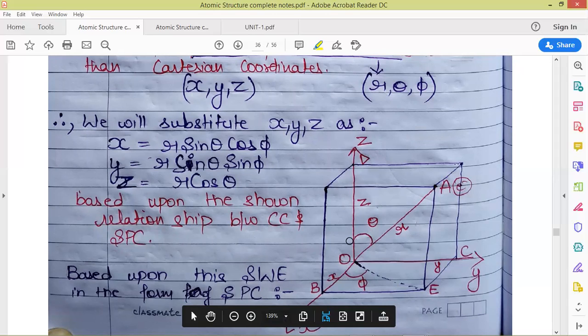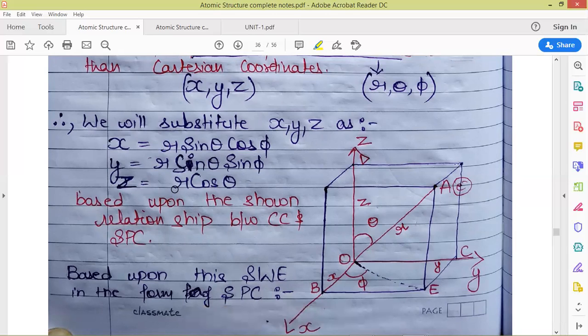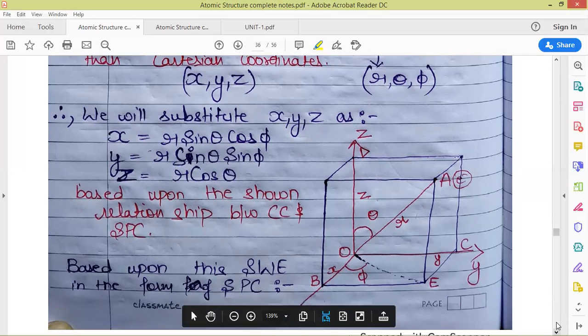Here theta is the angle which the electron is making with the z-axis, and phi is the angle which the projection of the electron is making with the xy plane. Based upon that, x is equal to r sin theta cos phi, y is r sin theta sin phi, and z is r cos theta.